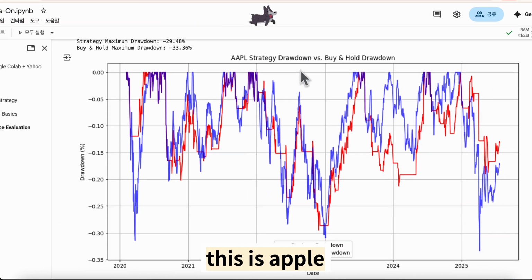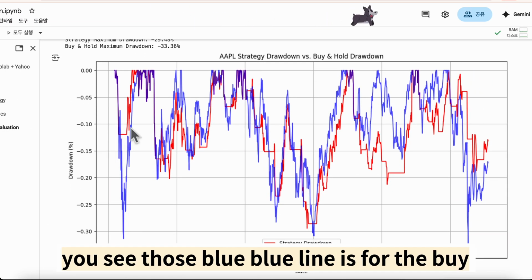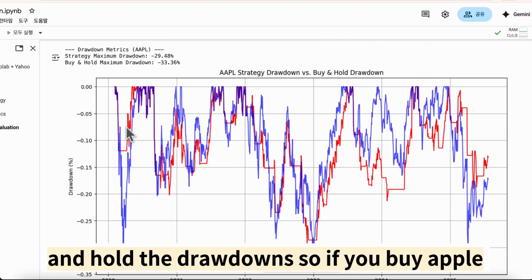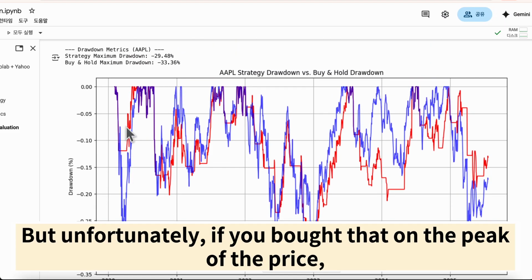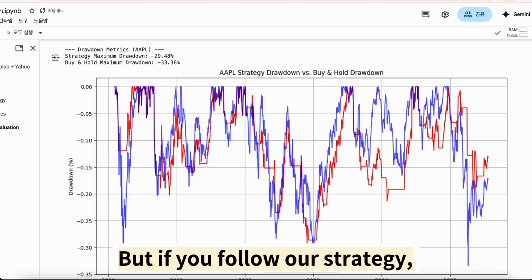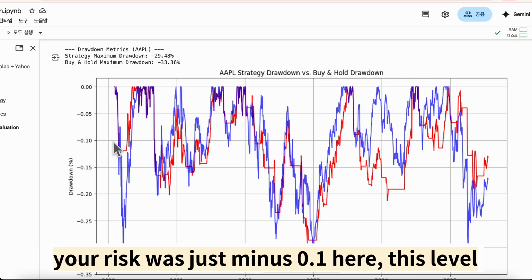Wow. This is Apple. You see that blue line is for buy and hold, the drawdowns. So if you buy Apple, but unfortunately bought at the peak of the price, you have to go deeper and deeper and deeper. But if you follow our strategy, your risk was just minus 0.1, at this level.